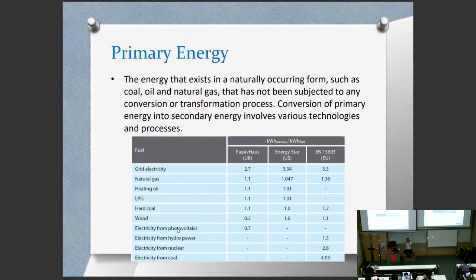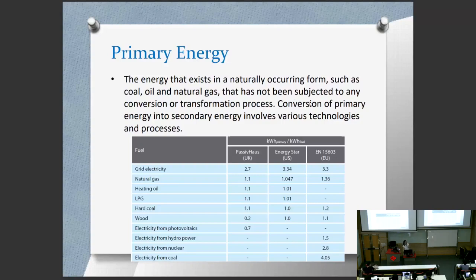Primary energy is the energy that exists in a naturally occurring form, such as coal, oil, natural gas, that has not been subjected to any conversion or transformation process, without any human or artificial process.